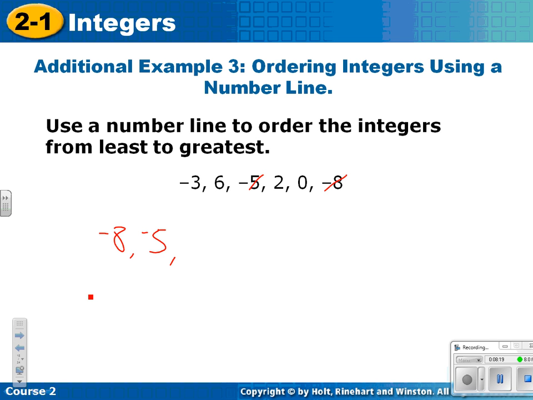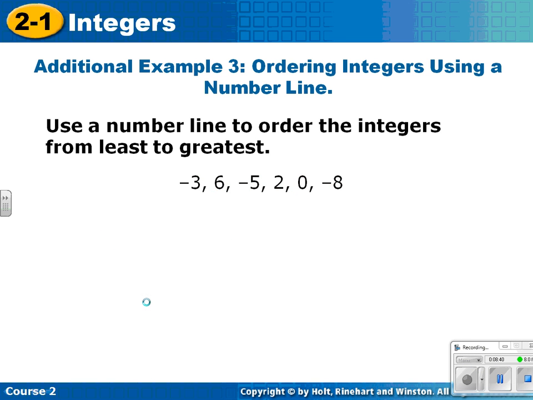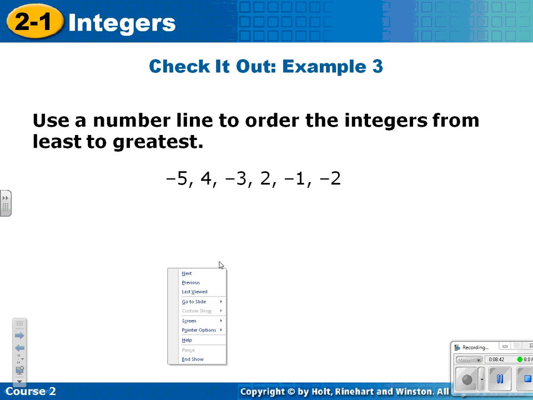Then what, Cesar? Then -3. Then what? 0. Then we get 2, and then we get 6. Okay? And I'm not going to have you do that.